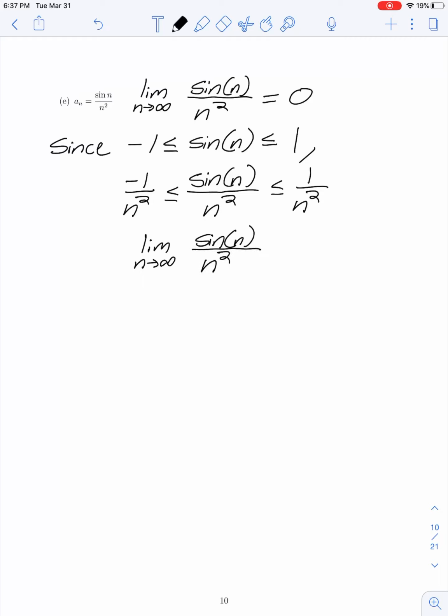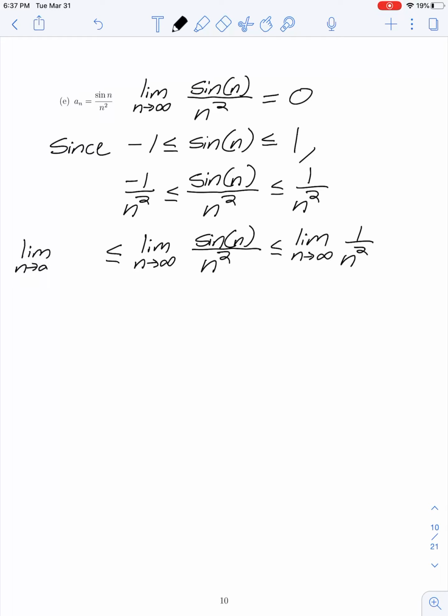Now, what I'm trying to do is take the limit of this general term, sine of n over n squared, as n becomes large. So looking at the inequality that I had, if I were to take the limit as n approaches infinity all the way through that inequality, we would have the following.